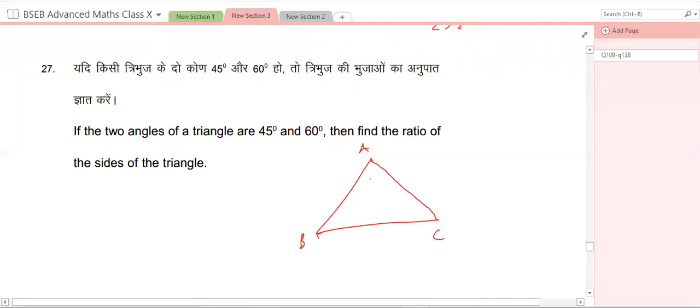Now the angles are 45 degrees and 60 degrees. So 60 plus 45 is 105. This here should give me 75 degrees. So A goes here, B goes there, and C goes here.